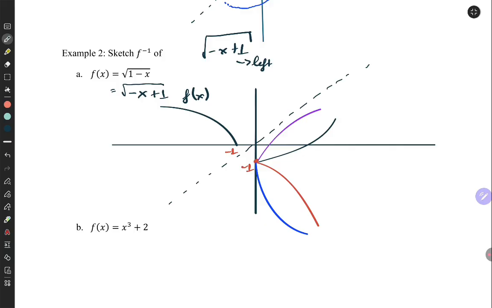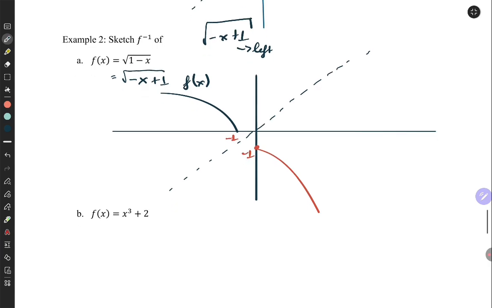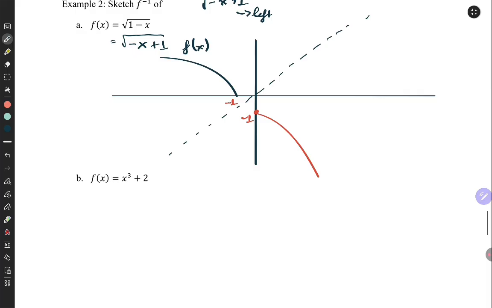Red. Okay. Try again. x cubed plus 2. Try again. x cubed plus 2.